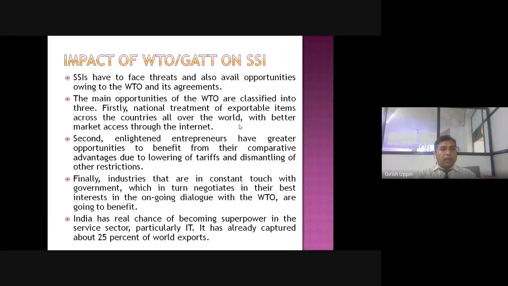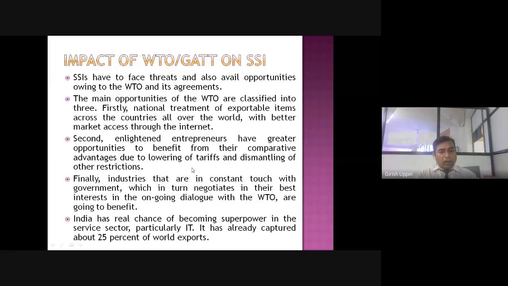The second one is that enlightened entrepreneurs have greater opportunity to benefit from their comparative advantages due to lowering of the tariffs and dismantling of other restrictions. Because many of the tariffs were reduced and many restrictions were removed, the market became more competitive. The enlightened entrepreneurs means the entrepreneurs who are very good in assessing such opportunities.